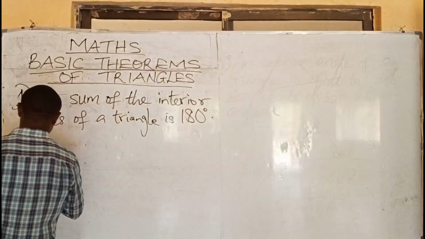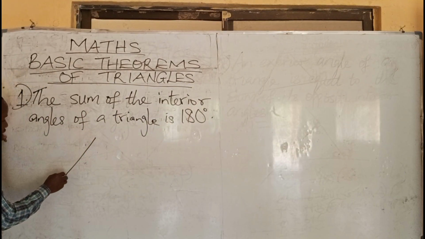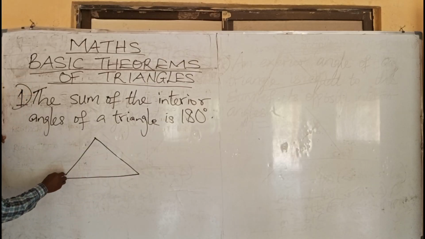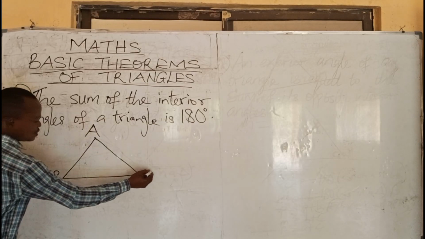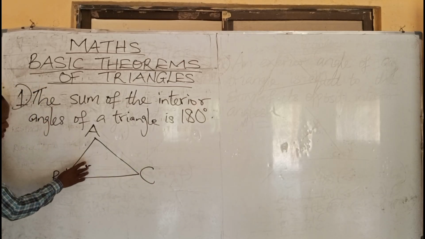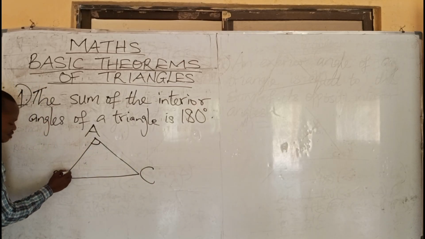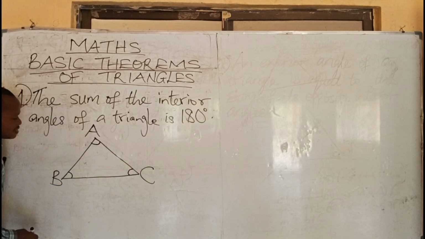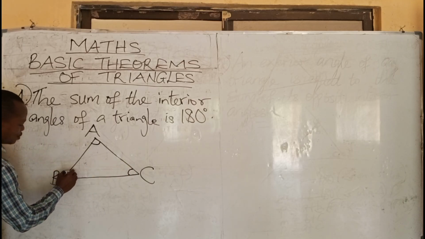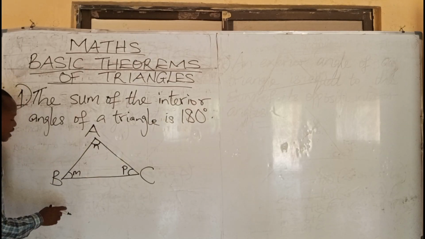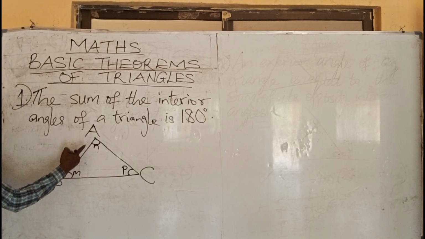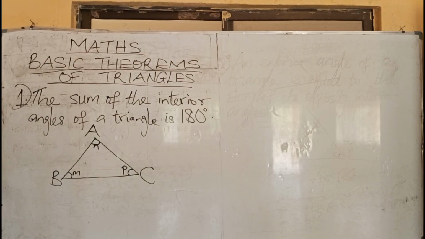For example, let's assume we have a triangle like this on the board. Let's name it triangle A, B, C. Now, let's assume this is angle M, this is angle N, and this is angle P. We are saying that M plus N plus P, being the interior angles of the triangle, is always 180 degrees.